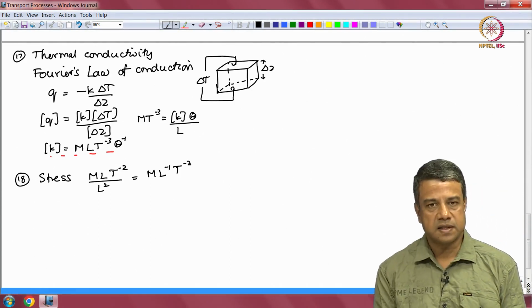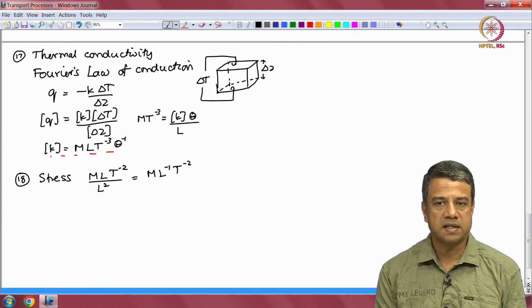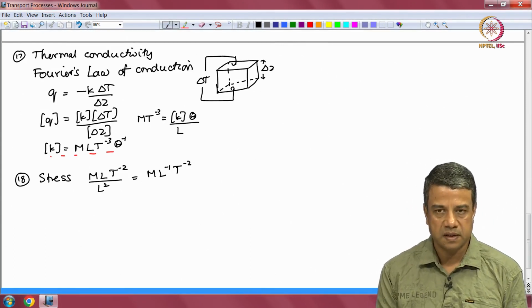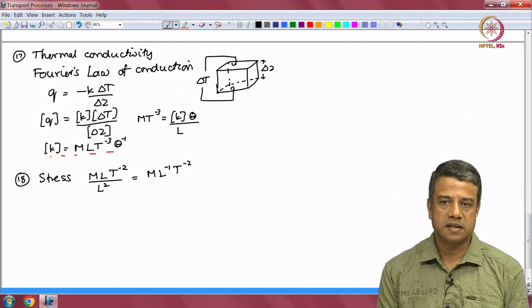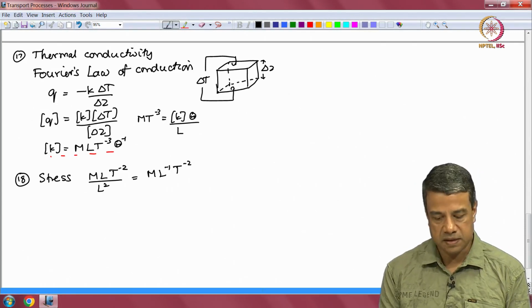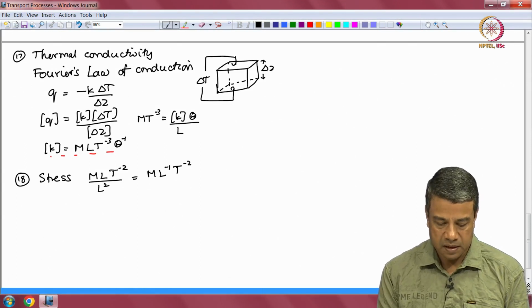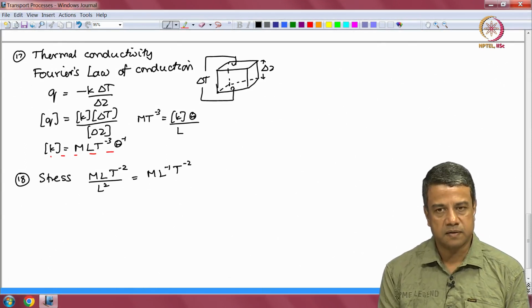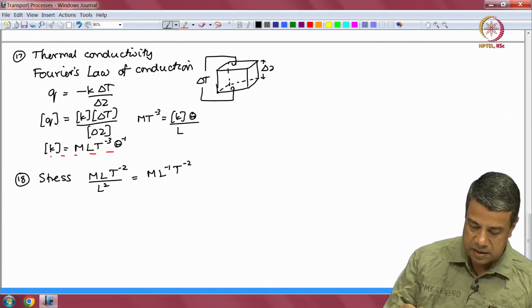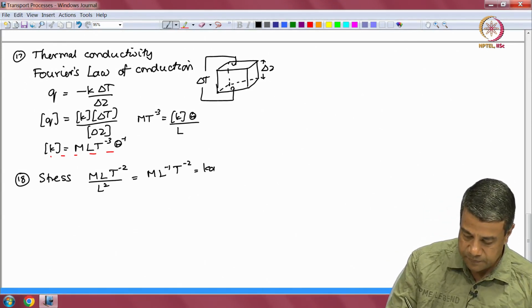The difference is that pressure is usually defined as acting perpendicular to a surface, whereas the stress acts parallel to the surface. However, the dimensions are the same, and this also has the unit of Pascal in SI units, which is kg per meter per second square.